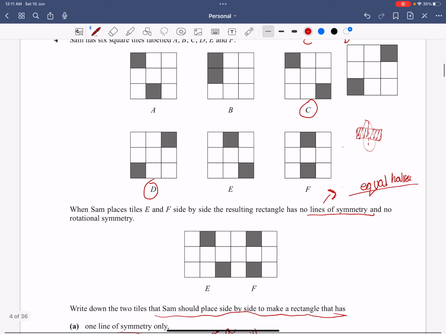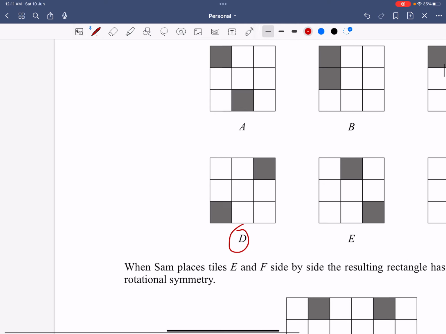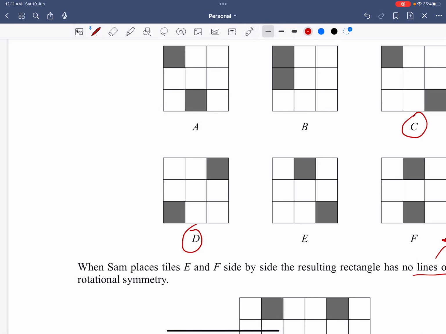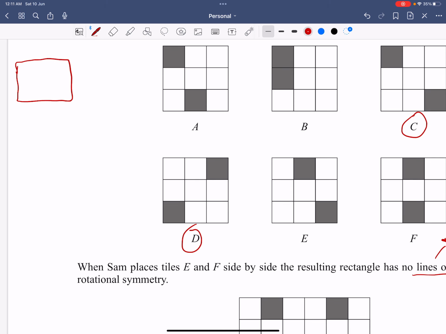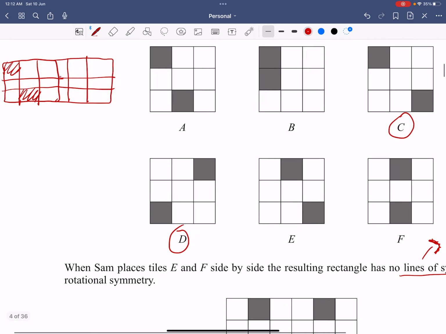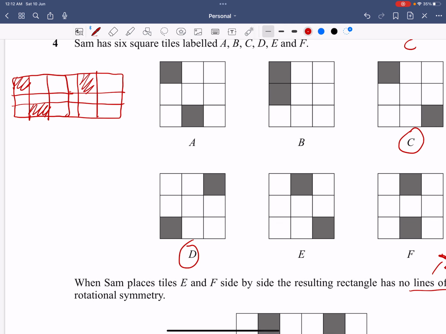Now if you see over here, A and E when joined together, well, let's join them. A, which is here, and another box which is shaded, which is here, and then E, which has one shaded here and one here.